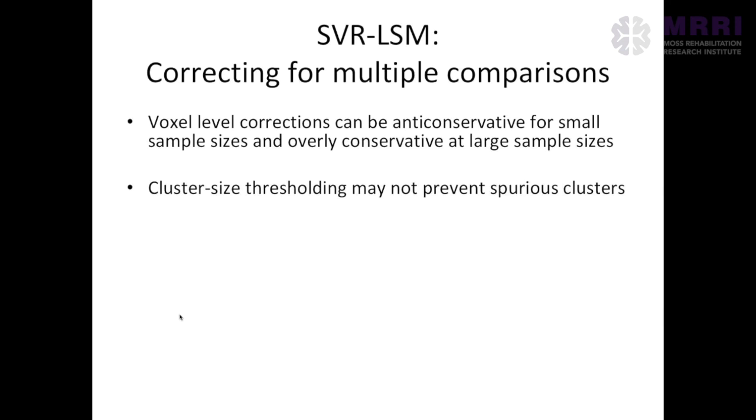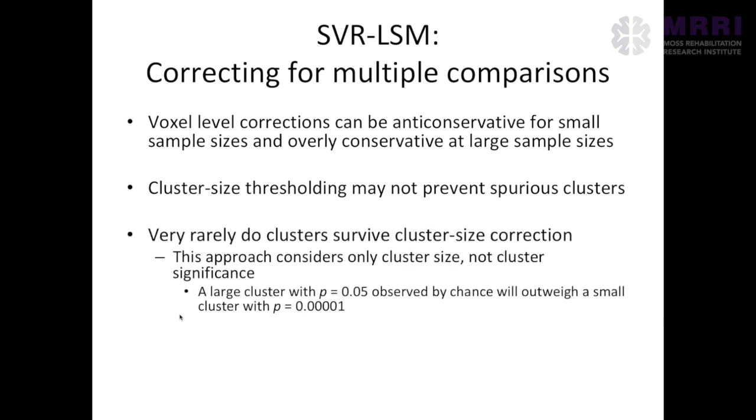Right. Cluster size thresholding. The disadvantage there is you may not prevent spurious clusters. So you may get a cluster that happens to be larger than whatever threshold you set, but it could be like a little false positive blip in your map. And then, as I mentioned before, very rarely do clusters survive cluster correction.